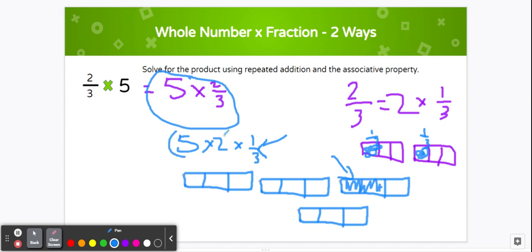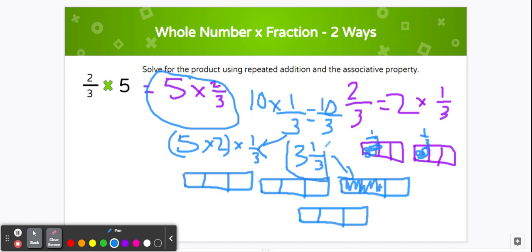That's the first part. 5 times 2, that's 10. And then it looks like this, 10 times 1/3. Well, I know that 10 times 1 is just 10 because anything times 1 is the same number. And there's nothing to multiply on the bottom. So I have 10/3, which is the same as we had before, and we could again simplify that down to 3 and 1/3. So two different ways to look at that multiplication problem.